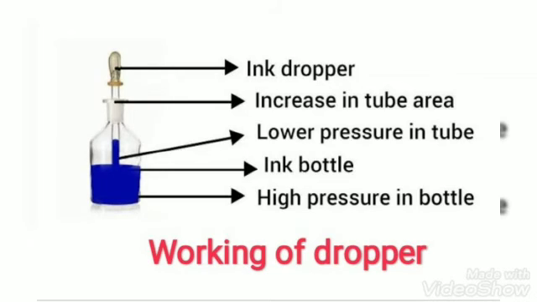Air is pushed out of the dropper, making it a low pressure area. Outside air presses on the liquid and forces it up the dropper. In this way, the liquid travels up the dropper. Doctors can fill the syringes because of air pressure, and the straw also works on this air pressure.